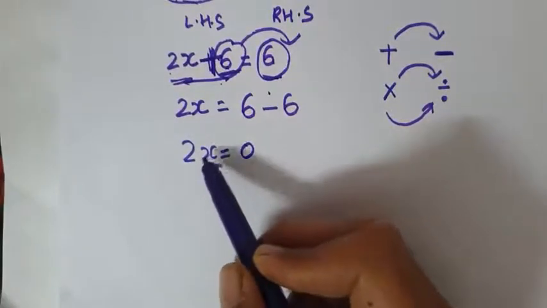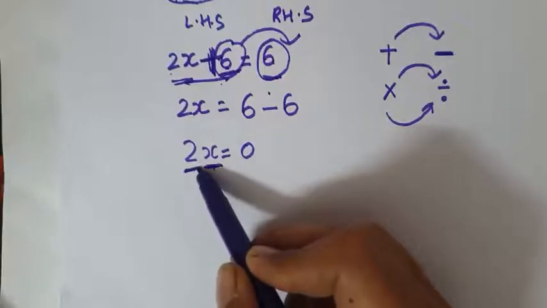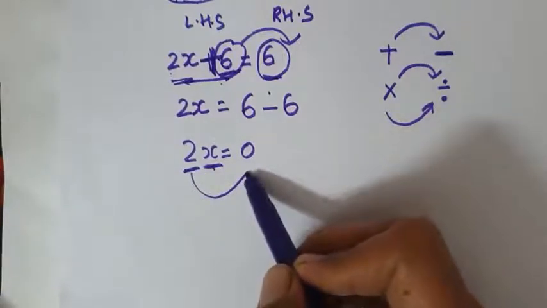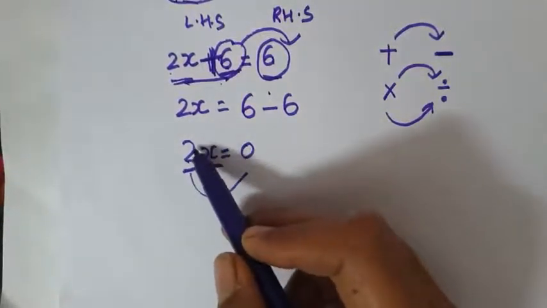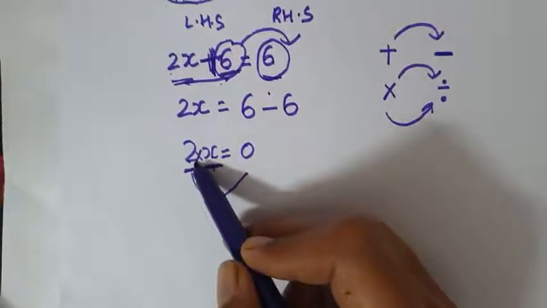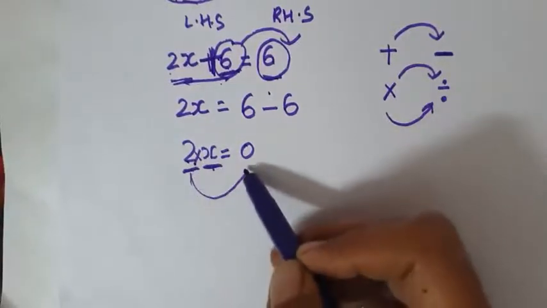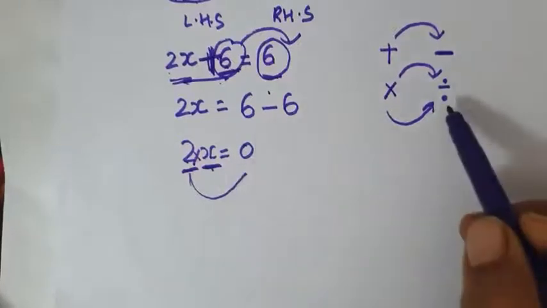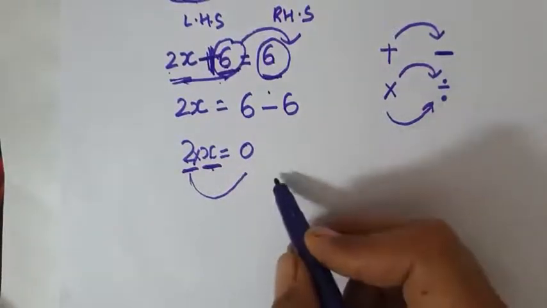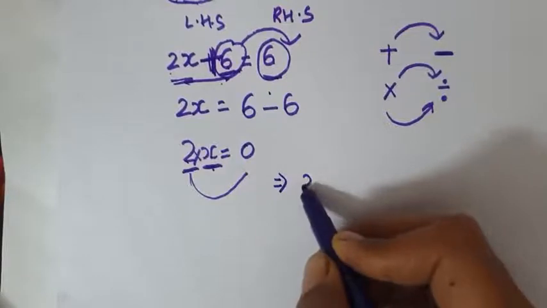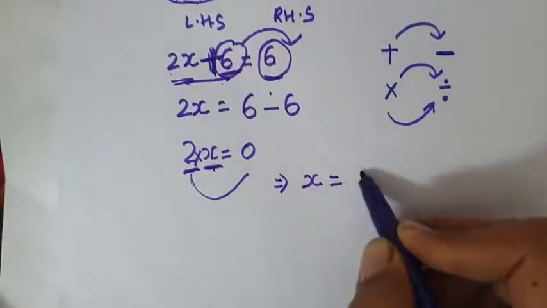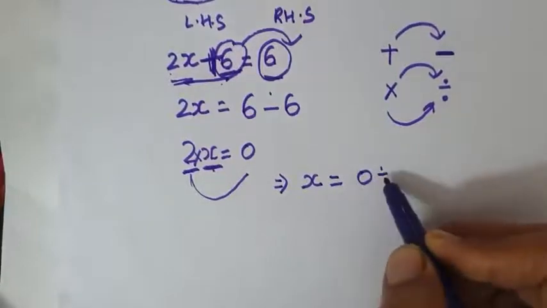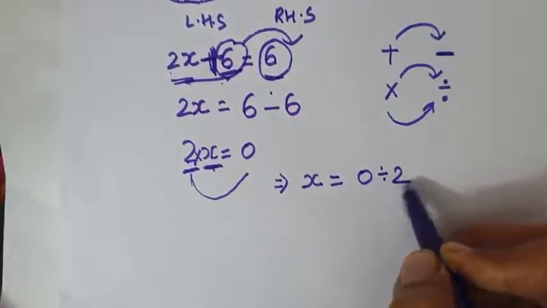It means we will shift this 2 to the right hand side. So how will we shift? Now this 2 and x are multiplied here, so on shifting it will get divided. So what we get? x will remain there only, is equal to 0 divided by 2.